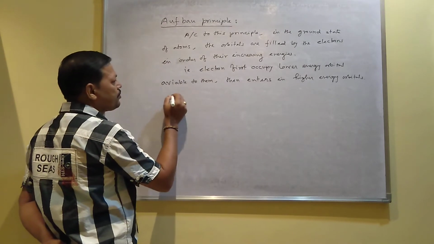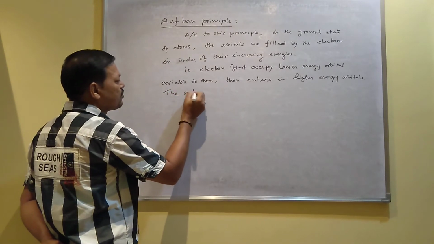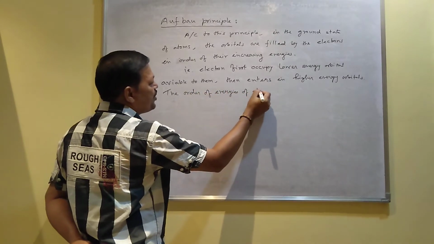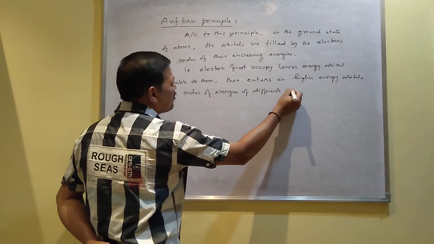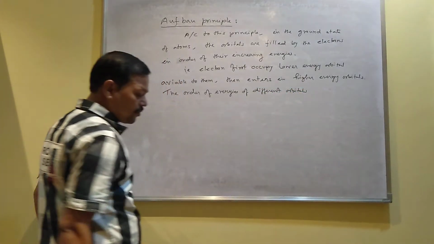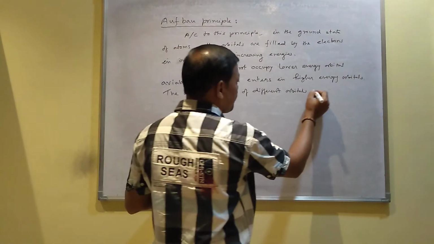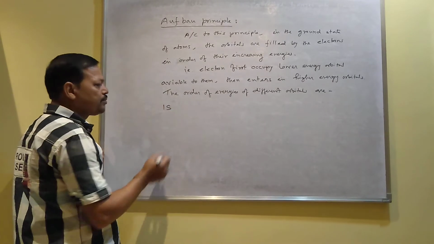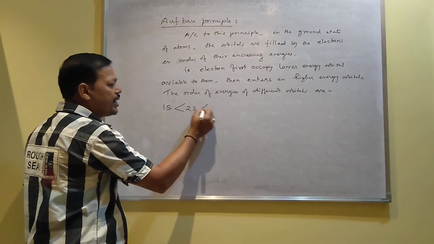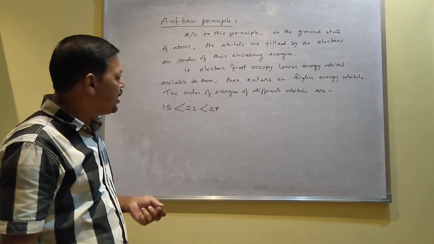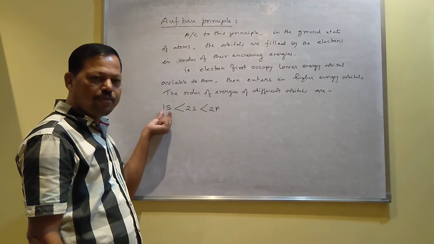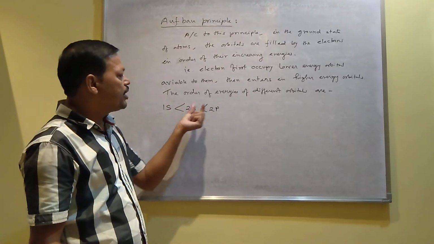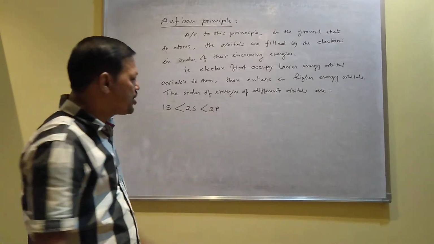The order of energies of different orbitals is: the lowest energy orbital is 1s, then 2s, then 2p. I mean, when you enter the electrons, first you fill up the 1s orbital. After filling 1s, you have to move to 2s. After filling 2s, you go for 2p. Then you have to move to 3s, like this way.